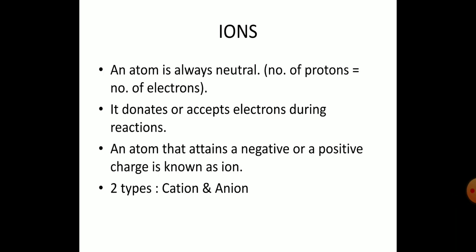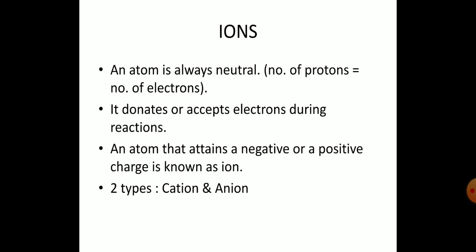Ion means, actually, in nature the atom is always neutral. Neutral means the number of protons will always be equal to the number of electrons. That is, the positive charge will be equalized by the negative charge.